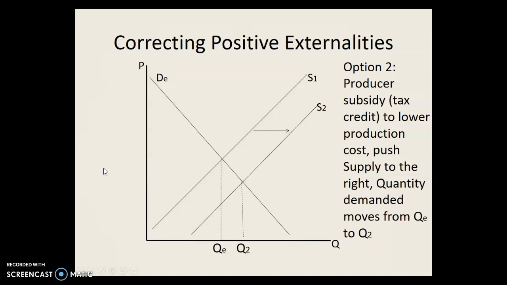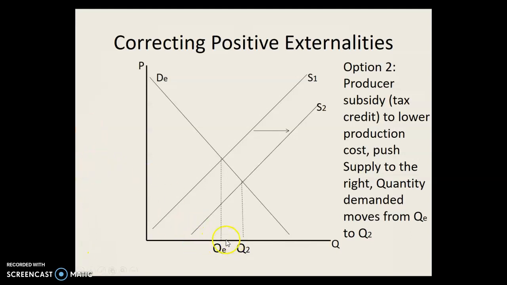There's another option. We can have a producer subsidy, and this would be a tax credit to those producers who are making the product that has the externality. What this would do is make the cost of production lower. By giving them a tax credit to produce this product, it lowers the cost to the producer. That enables them to supply more of the product. The supply line shifts to the right, and basically it has the same impact.